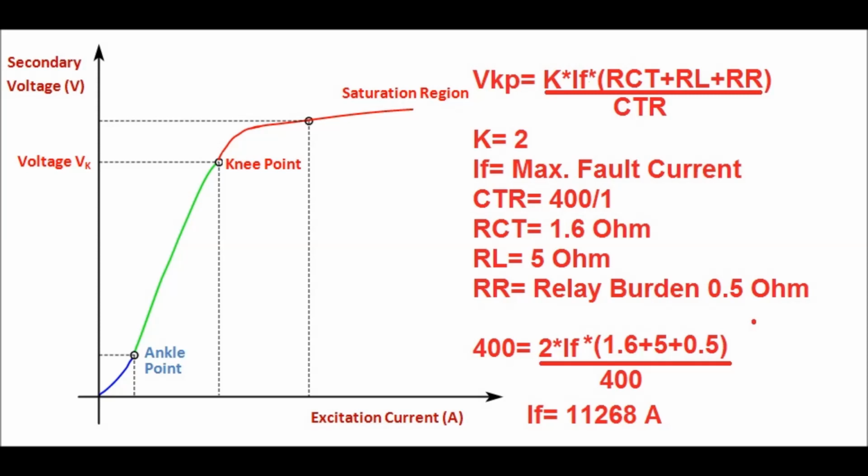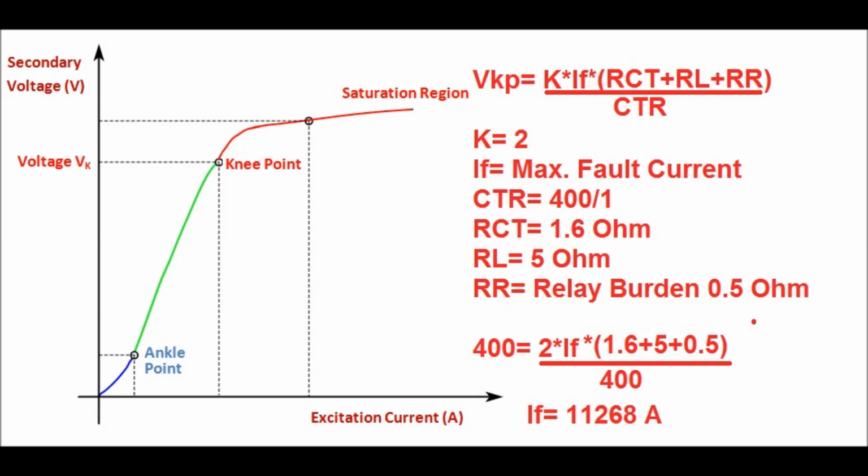For 400/1 CT ratio, CT coil resistance is given as 1.6 ohm, and RL is the resistance of the cable connected in the secondary of the CT. Now consider RL is 5 ohm, and RR is the relay burden as 0.5 ohm.